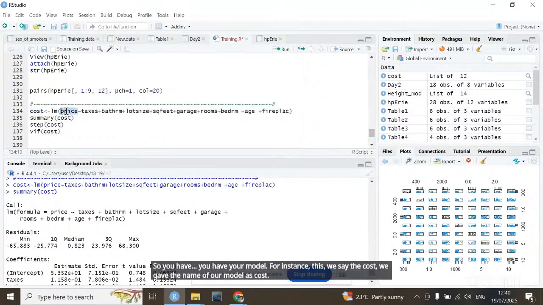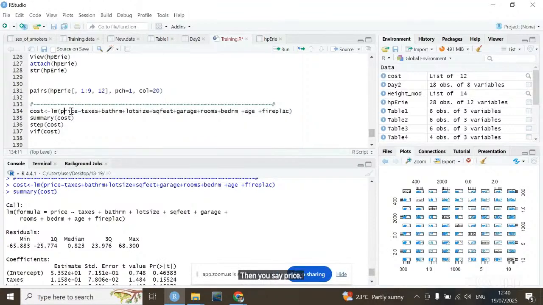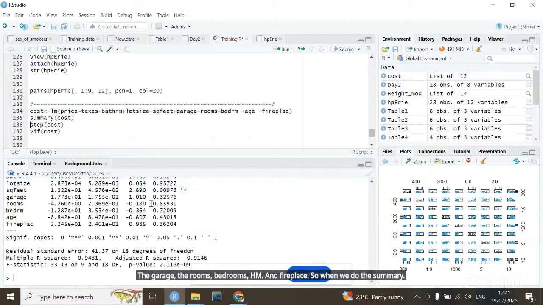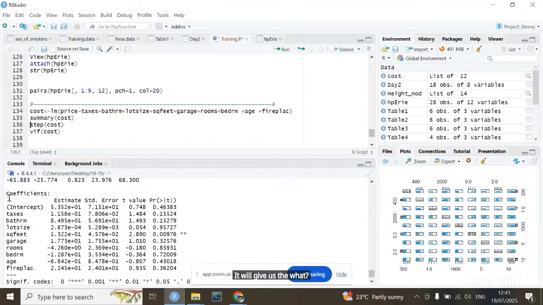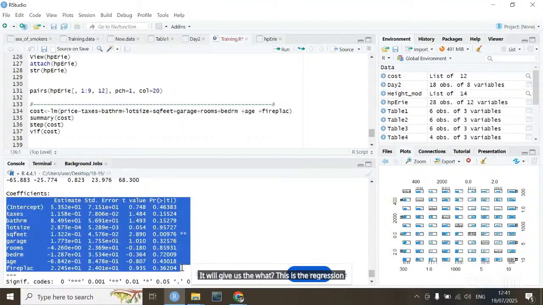Then we say price is a function of tax, the number of bathrooms, the lot size, the square feet, the garage, the rooms, bedrooms, age, and fireplace. When we do the summary, it gives us the regression coefficients and the p-values with the estimated standard errors and t-values.